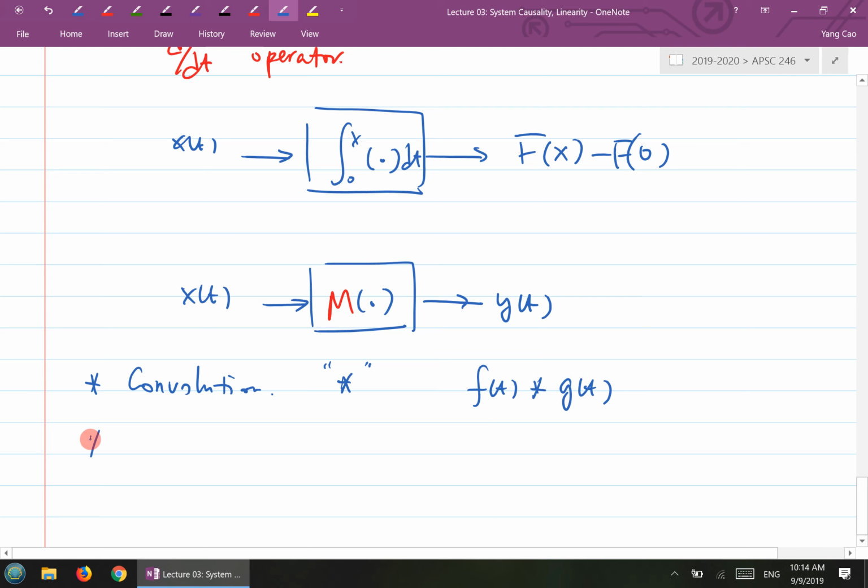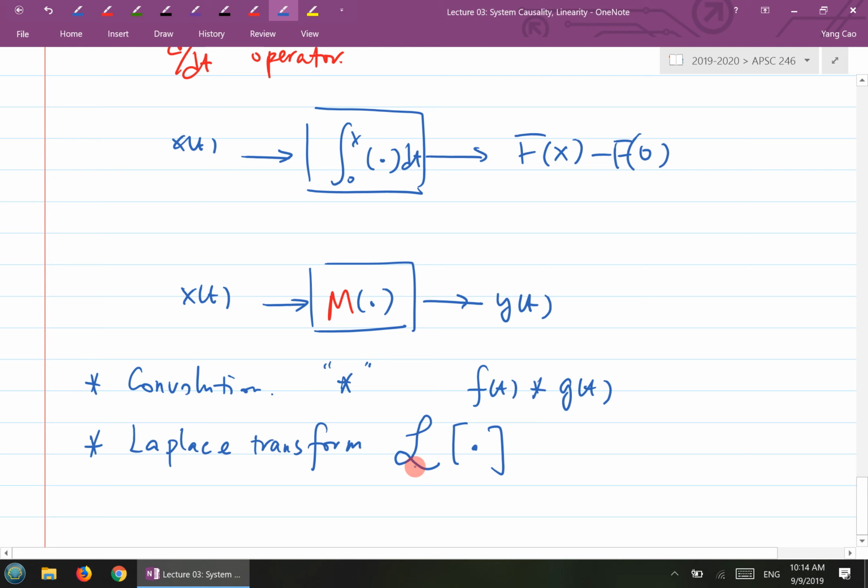We're also going to learn another operator called the Laplace transform, and we use this weird L symbol representing the Laplace transform. So instead of an M symbol, here is an L symbol.